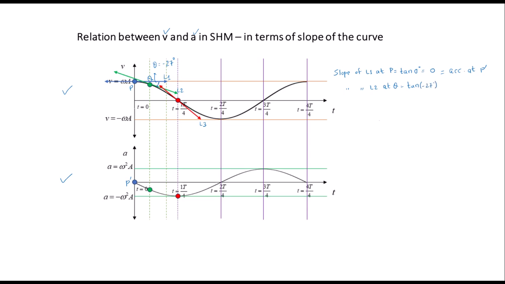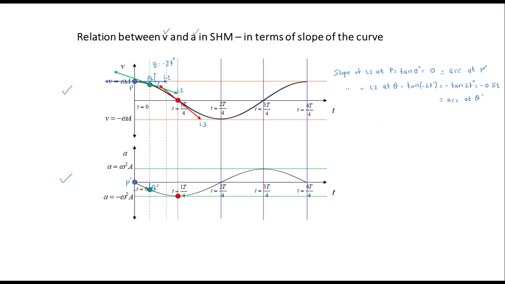And we know that tan minus theta is minus tan theta. So I can write this as minus tan 27 degrees, which in turn is close to minus 0.51. The corresponding point for Q on the AT graph is Q dash, and the value of the acceleration at the point Q dash is close to minus 0.51. So I can write this as the acceleration at the point Q dash.